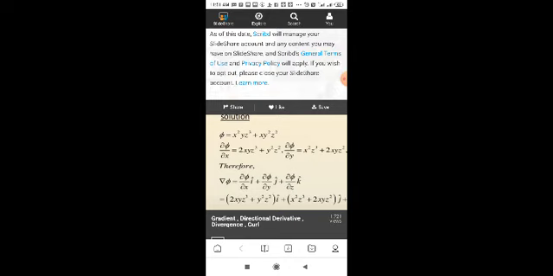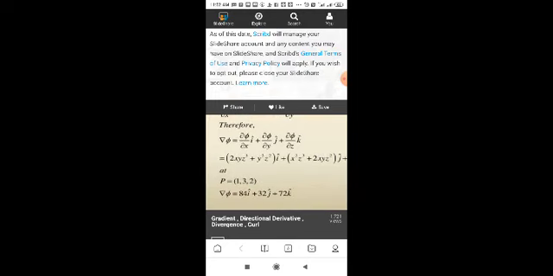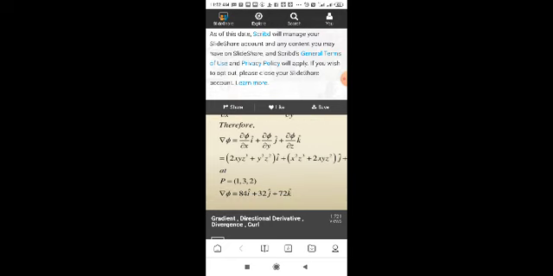Therefore putting in the del operator, del phi is equal to del phi over del x i plus del phi over del y j plus del phi over del z k. We replace these by the values of these functions, and after replacing we get (2xyz cube plus y square z square) i plus (x square z cube plus 2xyz square) j plus (3x square yz square plus 2xy square z) k.